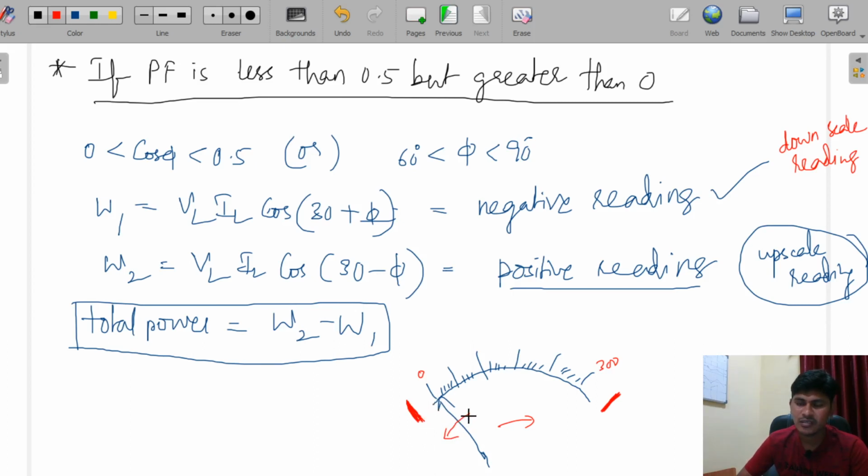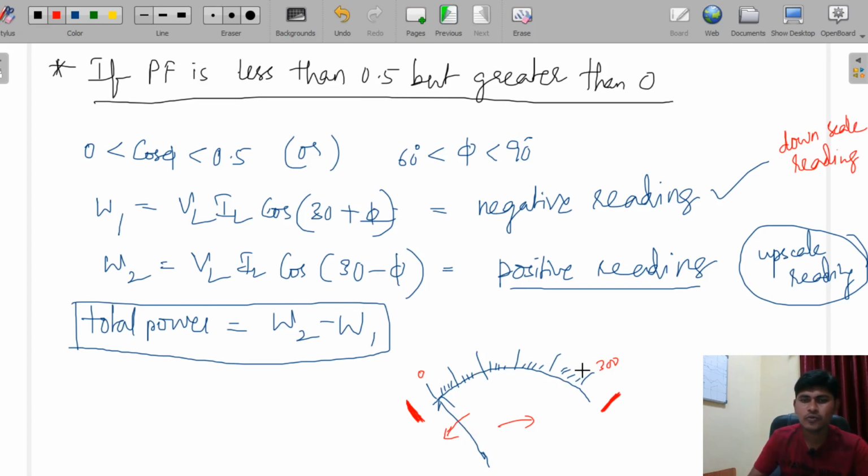When the pointer moves backward, this stopper will directly stop its motion. This stopper will not allow the pointer to move in the backward direction. Then you will not get any reading from this wattmeter.